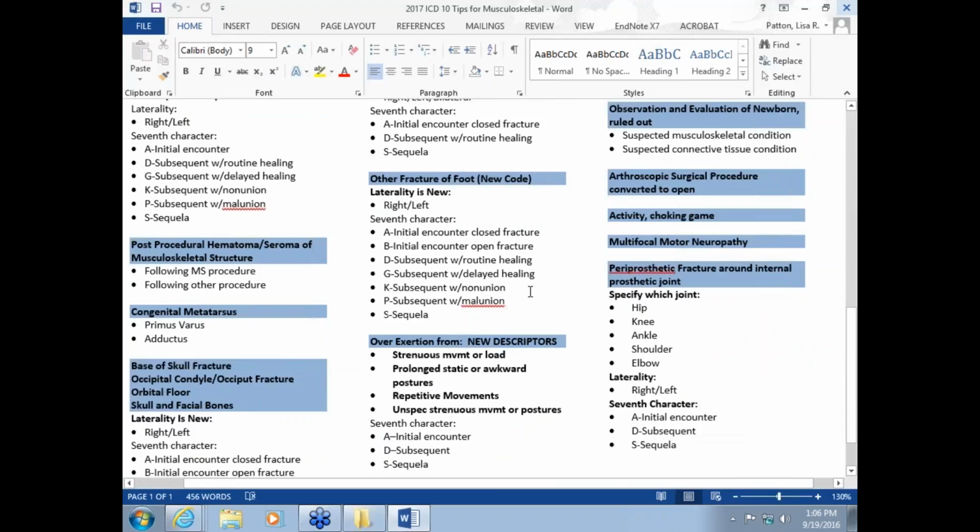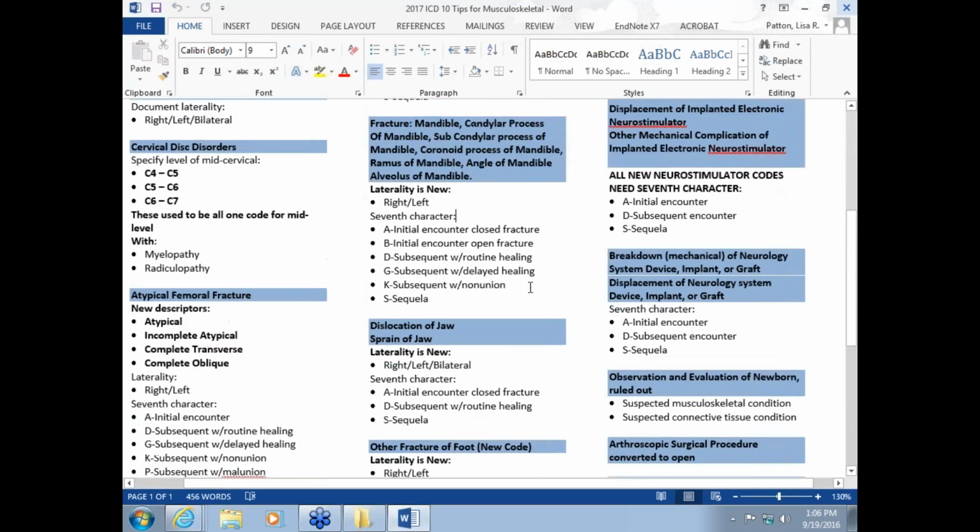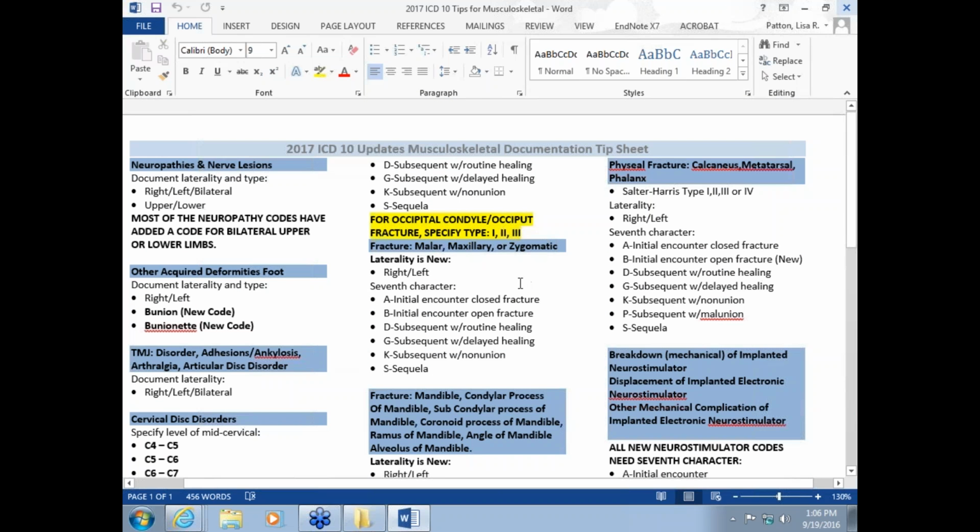Overexertion, these are new descriptors. It's not just one. You now have strenuous movement or load, prolonged static or awkward postures, repetitive movements, and unspecified strenuous movement or postures. Okay, your next, the Salter-Harris fractures are now by physeal, calcaneus, metatarsal, and phalanx.